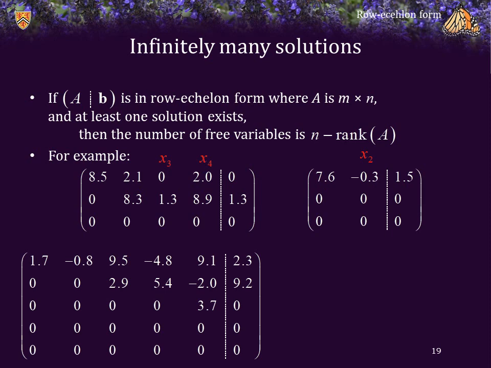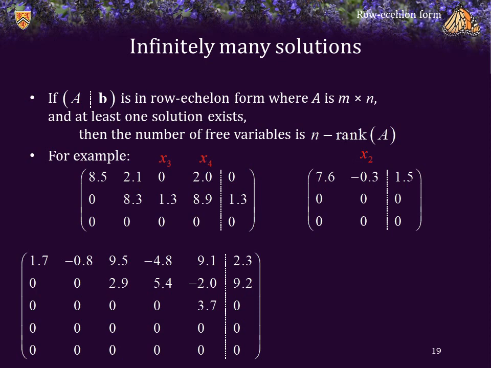Here we see the augmented matrix associated with a system of 5 linear equations in 5 unknowns. However, the rank of the matrix A, which equals the rank of the augmented matrix, is 3. Therefore, the number of free variables is 5 minus 3, or 2.